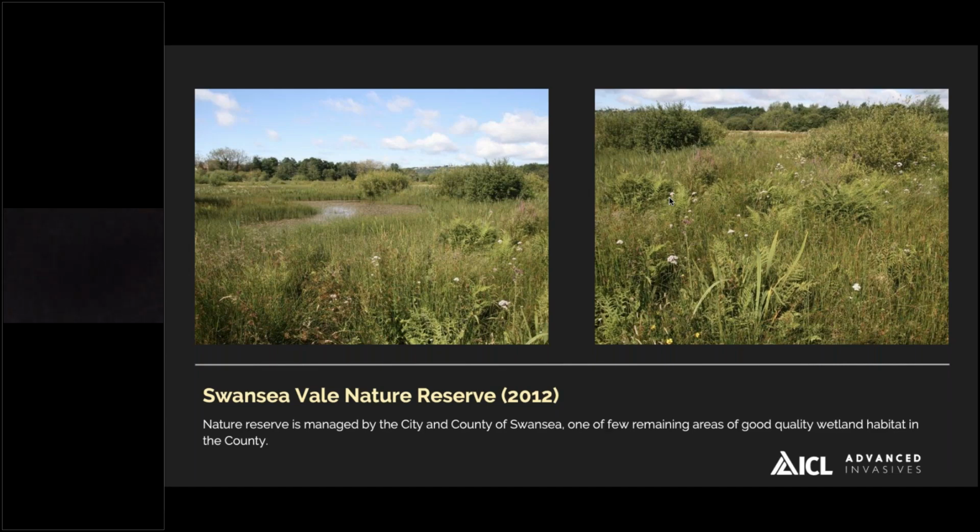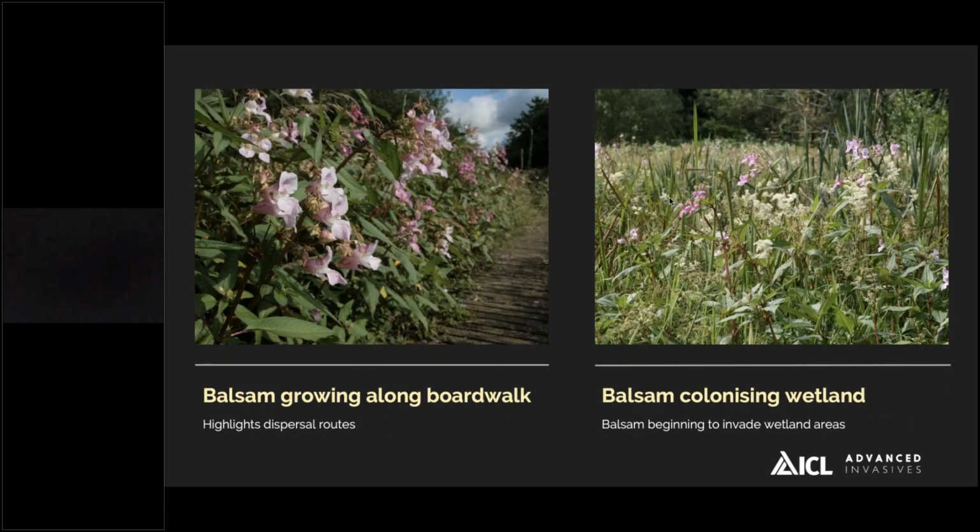But the problem is that all of that labour, all of that time is going into very limited areas, and over time the Himalayan balsam is spreading from the initial areas of introduction, growing along the footpaths and the boardwalks that you can see at left there, and it's forming new patches of balsam that are becoming increasingly difficult to get on top of. There's simply not enough volunteer time to manage the balsam populations effectively.